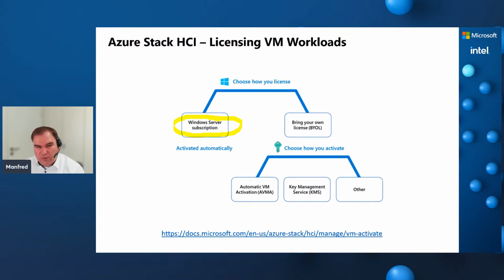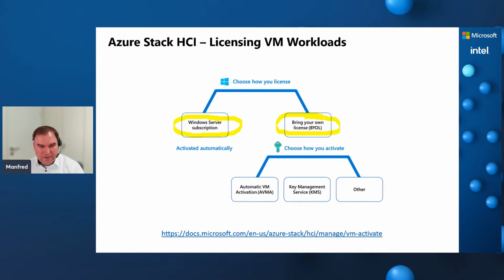But you can also bring your own license. Maybe you have already existing licenses, or maybe you decide not to have a subscription for Windows Server, but to buy a perpetual license where you have the license for the next 3, 5, or 10 years, and where you don't have monthly costs based on the physical cores, because the Windows Server subscription on the left-hand side is based on the physical cores per month.